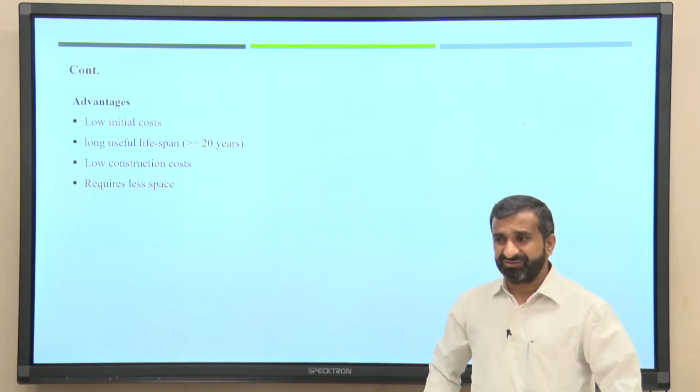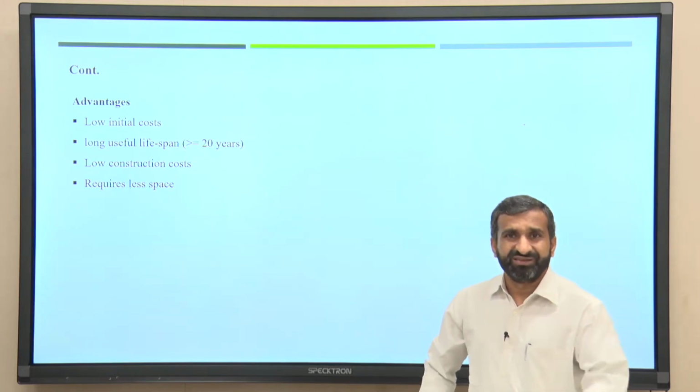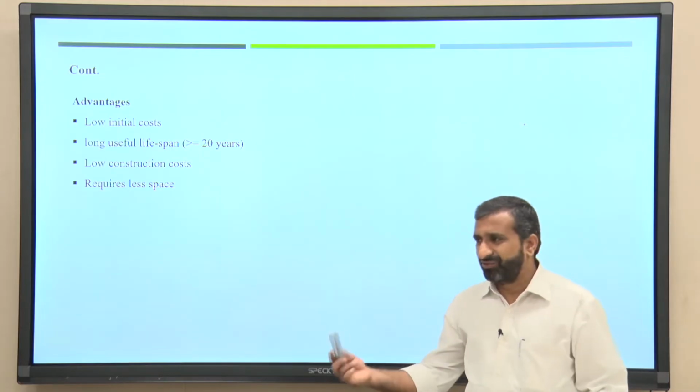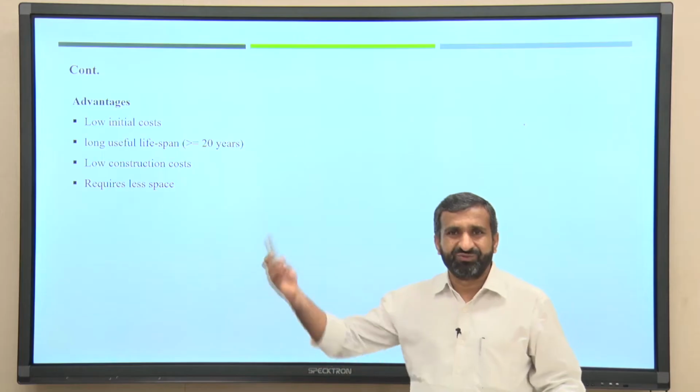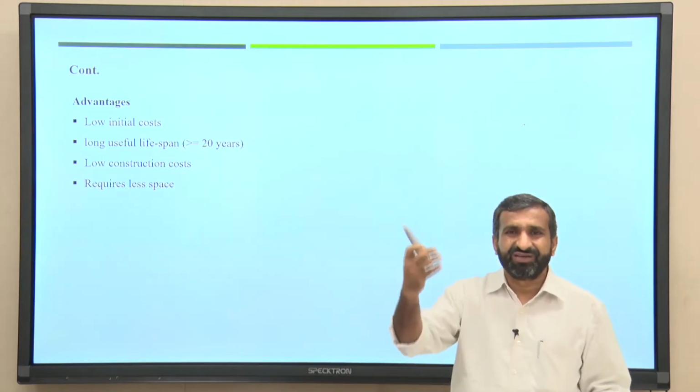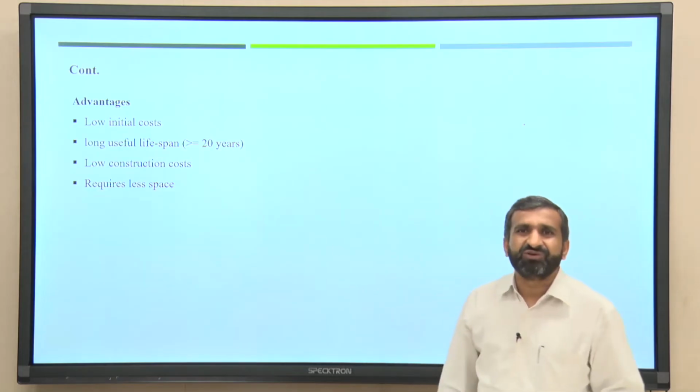Any farmer, even without knowing the proper operation, could run it: simply feed it, whatever outlet is coming you put it into the agriculture area, and whatever gas is coming, you use for cooking purposes.